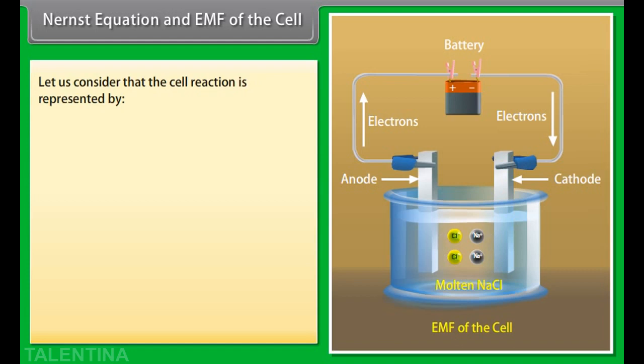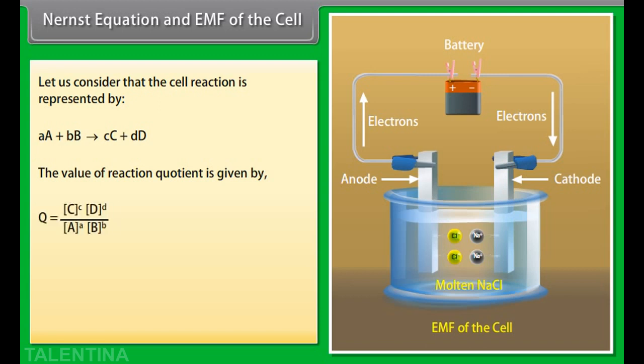Let us consider that the cell reaction is aA + bB gives rise to cC + dD. The value of the reaction quotient is given by Q is equal to [C] raised to the power c into [D] raised to the power d divided by [A] raised to the power a into [B] raised to the power b.